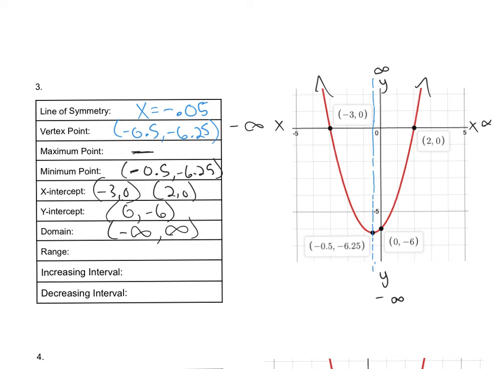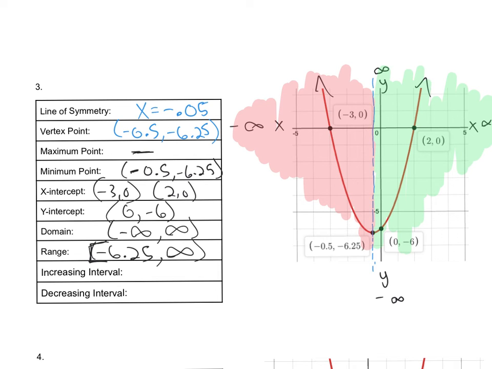So the lowest y value we have here is that y value at the vertex, which was negative 6.25. It's going to go from negative 6.25 all the way off the top of the graph towards the y value of positive infinity.